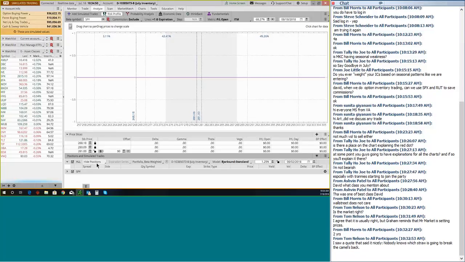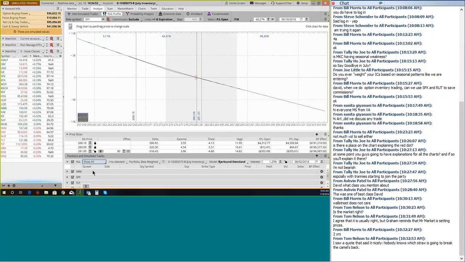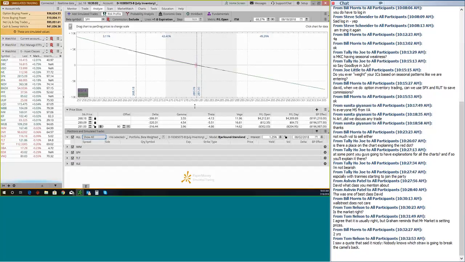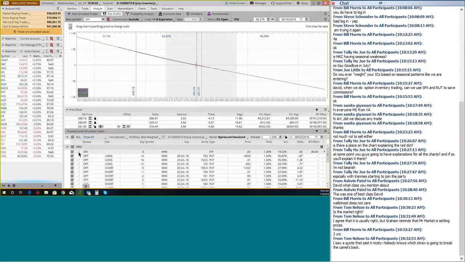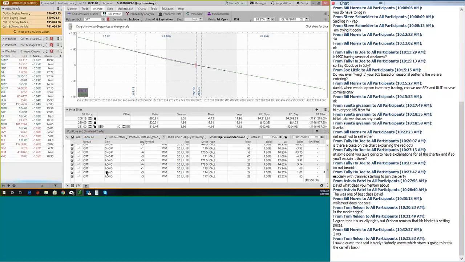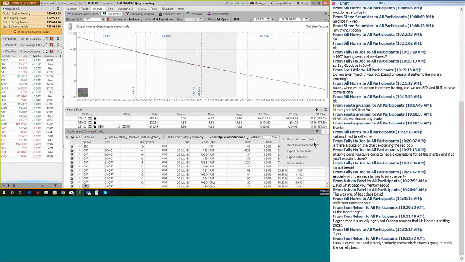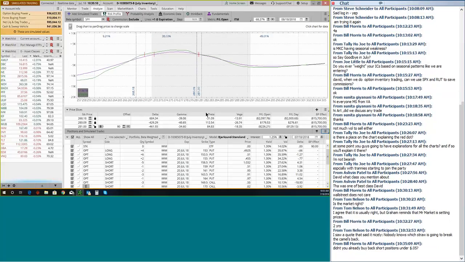Okay, what am I doing wrong here? No, I don't want a high position, show all. There we go. And July inventory, beta weighted, and that's not the picture I wanted to see. So I'm missing something here. There we go. All right.